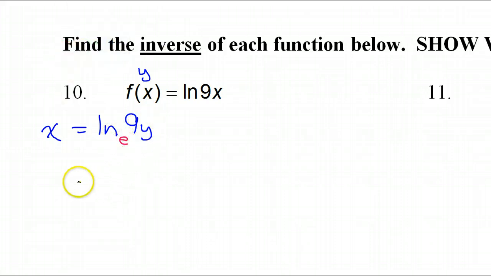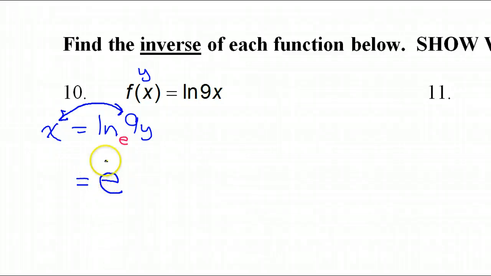So we're going to rewrite this in exponent form. Start with your base. So there's my base. Now everything else is going to change sides. Now we're going to exponent form, not log form. So there will be no more log, there will be no ln. The 9y is going to come over here to the left.